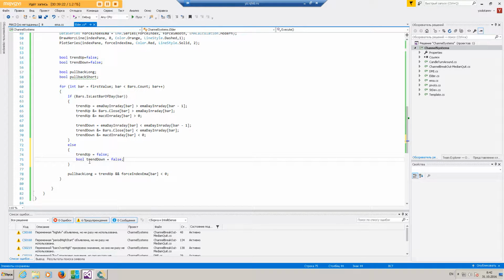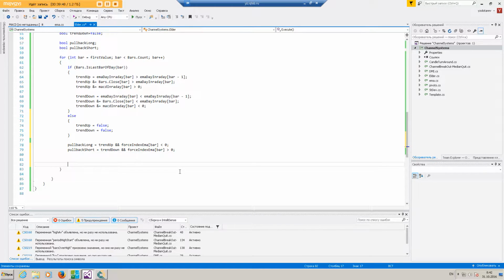Otherwise, it's going to stay true forever, I guess. Maybe wrong. We'll have to check it anyway. So that's pullback long, and pullback short is the other way around. Trend down and force index EMA above zero.